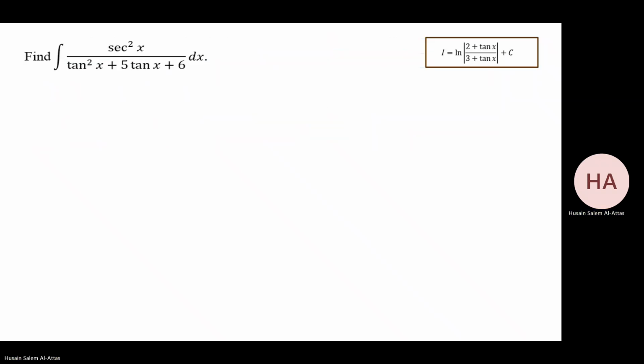Yeah. Is this a partial fraction problem? Yes, it is. It has a substitution and then it comes to partial fractions. So I need to be careful with such problems. Now, if I let u equal tan x, what will be du? It's secant squared x dx. Okay.